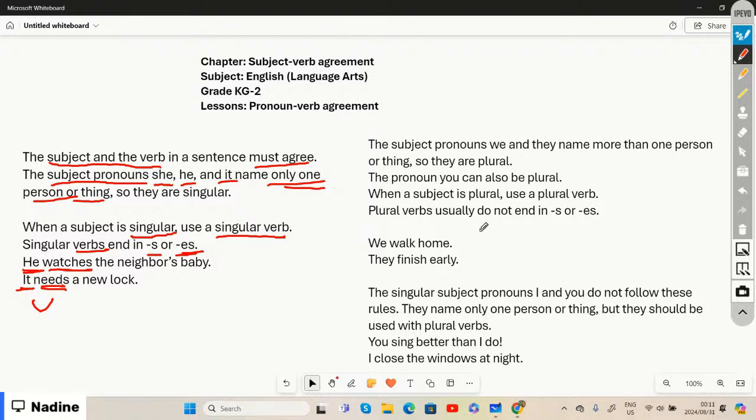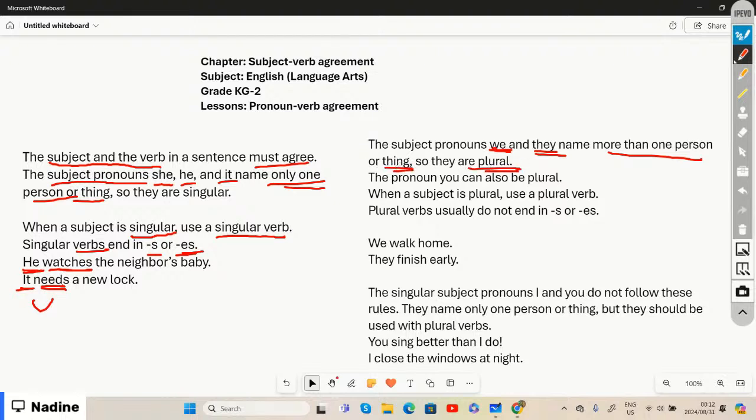Remember we said a pronoun takes the place of the noun. So the subject pronoun, we and they, names more than one person or thing. So which means that they are plural.